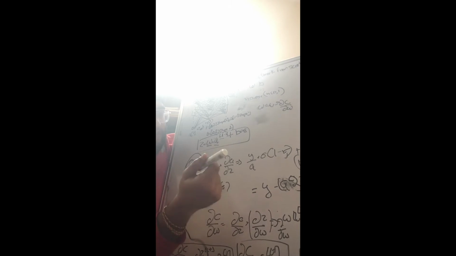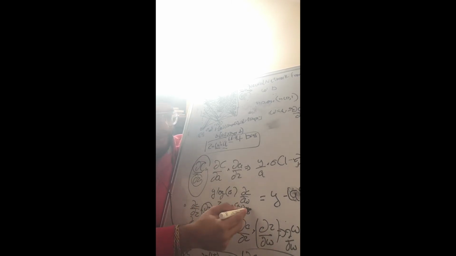Okay, this is what we get, y minus a2. But after this, we have to calculate with respect to weights, because the ultimate goal is to calculate dc and dw. And we know that dc over dz into dz over dw will give us the same thing.